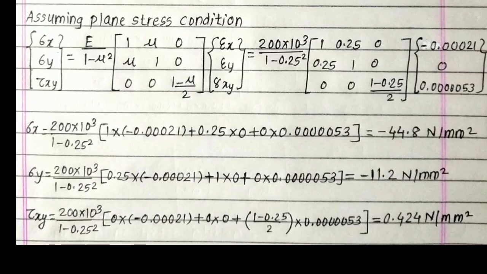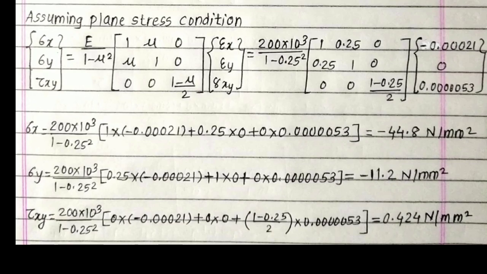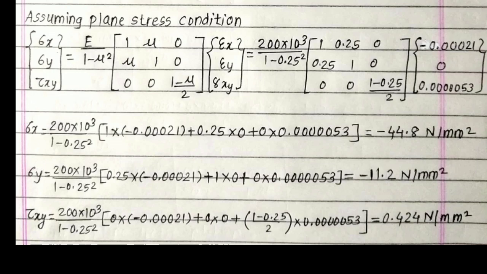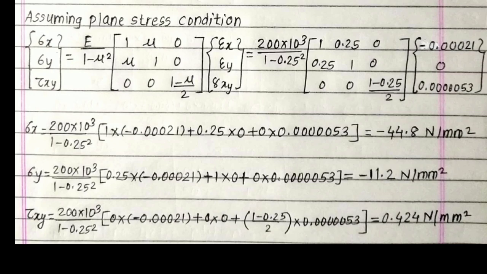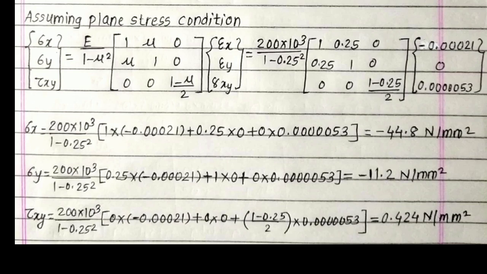Now I will calculate the stress. For calculating the stress, there are two conditions: first is the plane stress condition and second is the plane strain condition. Here I will assume it to be a plane stress condition. In that case, stress sigma x, sigma y and tau xy is given by E divided by 1 minus mu square into the matrix [1 mu 0; mu 1 0; 0 0 (1 minus mu) by 2] into strain epsilon x, epsilon y and gamma xy.